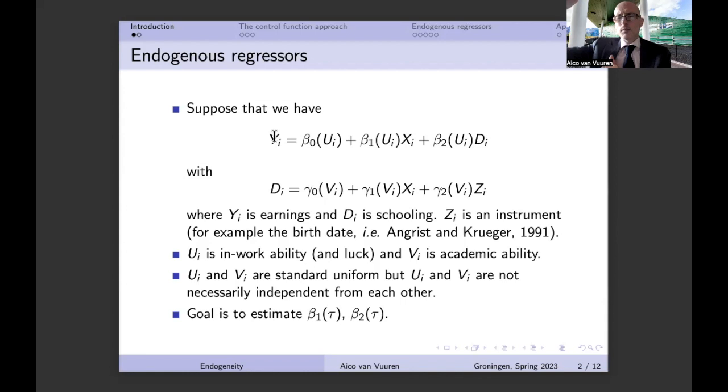That means that at the moment I make a comparison in terms of the medians, I do not know whether the median among the highly educated is higher just because they have higher levels of education, or whether it's also related to the fact that they have a higher level of intelligence. Still, we would like to estimate beta 0, beta 1 and beta 2, so that cannot be done now by standard quantile regression. We have to think about something else.